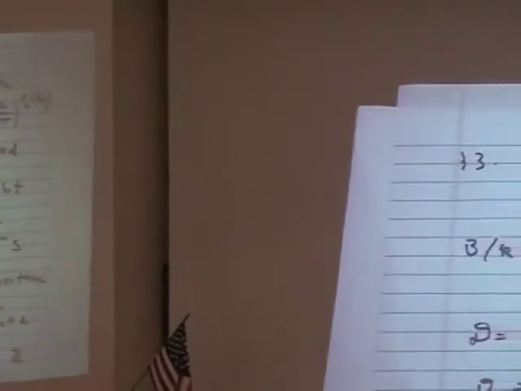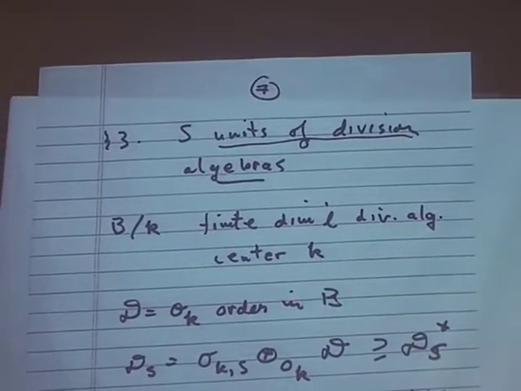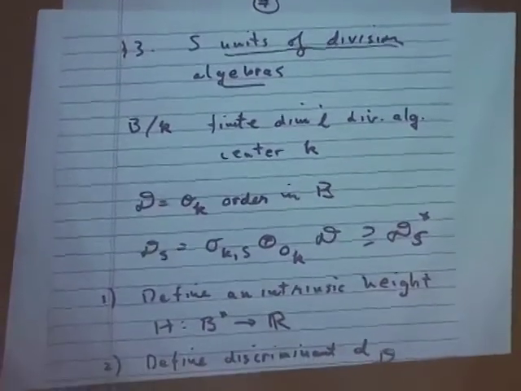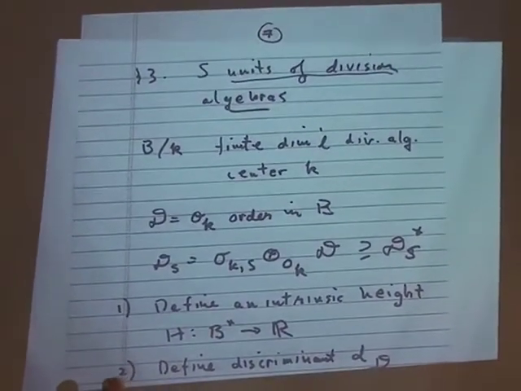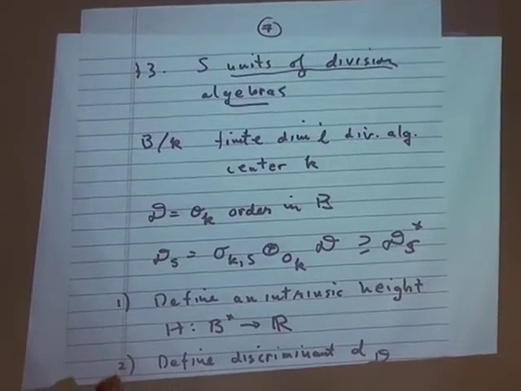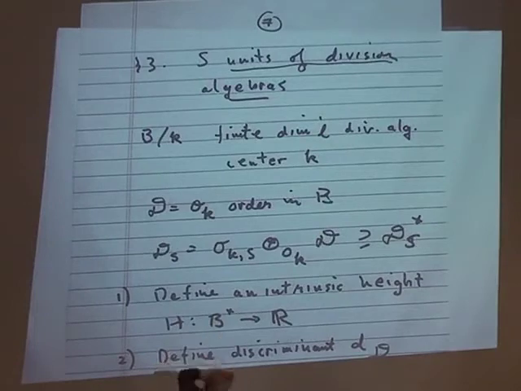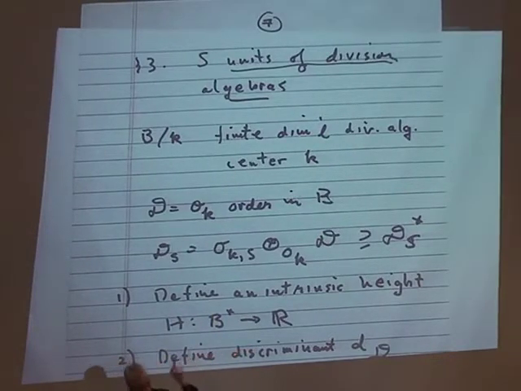We'll look at the S units of division algebras. Because of Julia's talk, I don't have to say much about what a finite dimensional division algebra over a number field with center the number field is. You know what those look like. And inside such a division algebra, you can think about the Hamilton quaternion algebras over Q. The Hamilton quaternion algebra over Q is a great example.